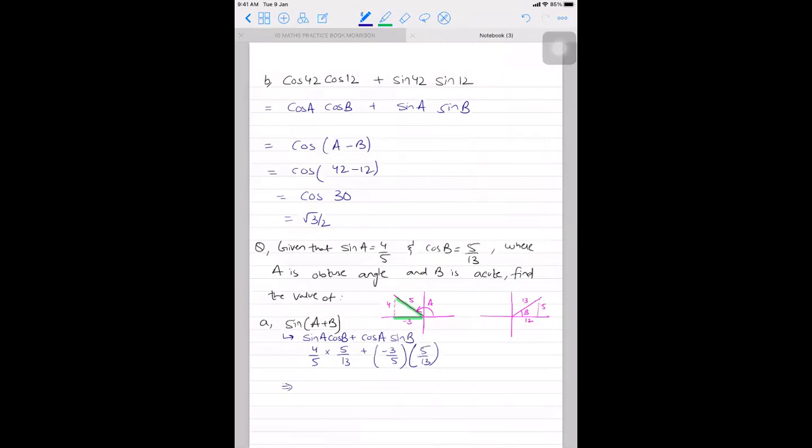Let me just recheck. Yeah, so 1/13, 1 upon 13. Let me just cross check that.